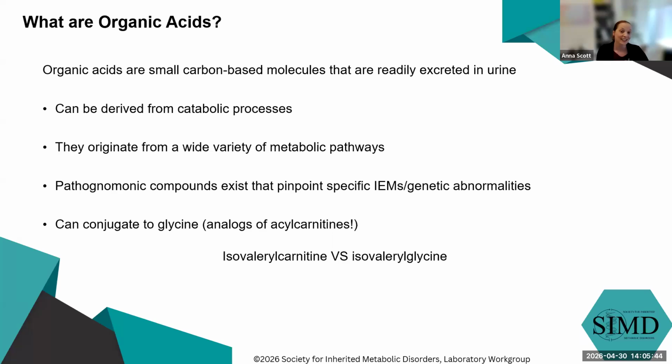In some cases, we're really lucky, and some compounds are pathognomonic to pinpoint a genetic disorder. Less times, they're fuzzier. They can point us in a general category. And I want to highlight here that when we're talking about urine and organic acids, many of these organic acids like to conjugate to glycine.